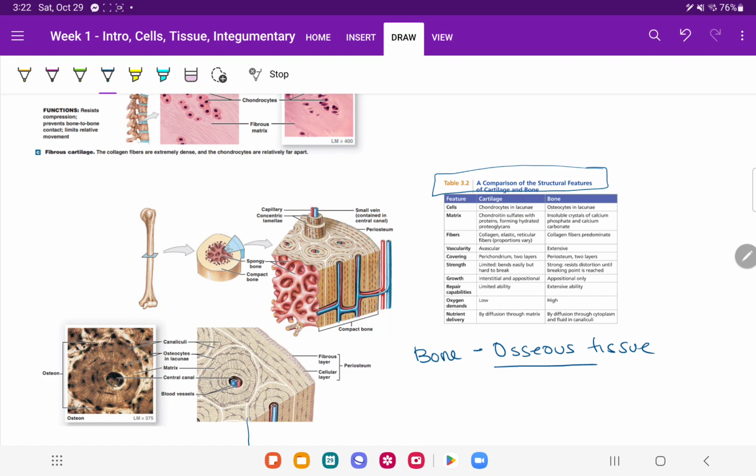Approximately one third of the matrix of bone consists of collagen fibers, and the rest is a mixture of calcium salts, primarily calcium phosphate with a lesser amount of calcium carbonate. This combination gives bone remarkable properties, right? By themselves, calcium salts are strong but rather brittle.